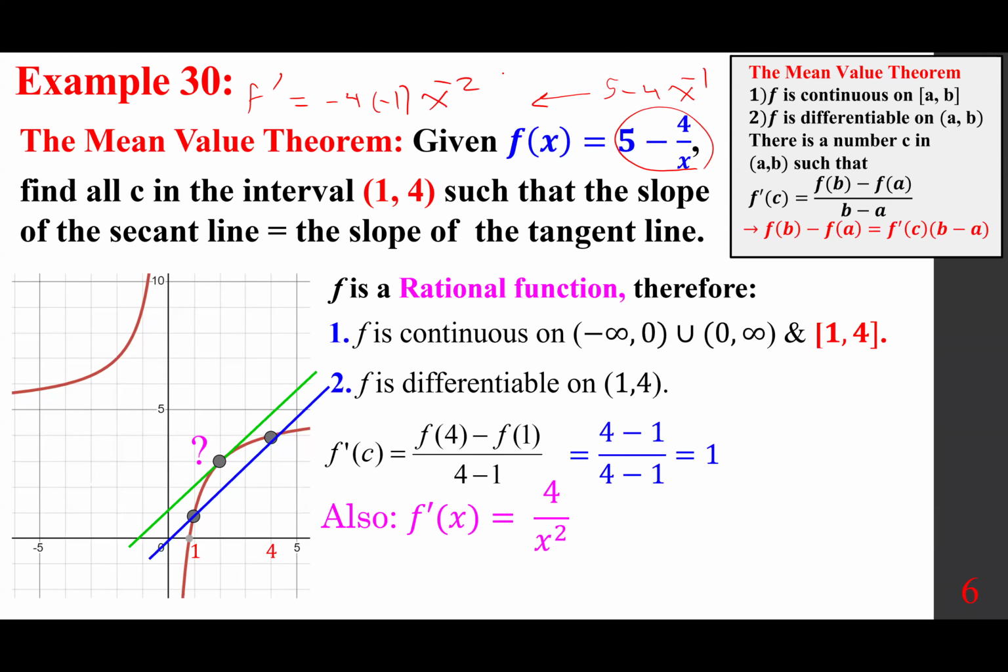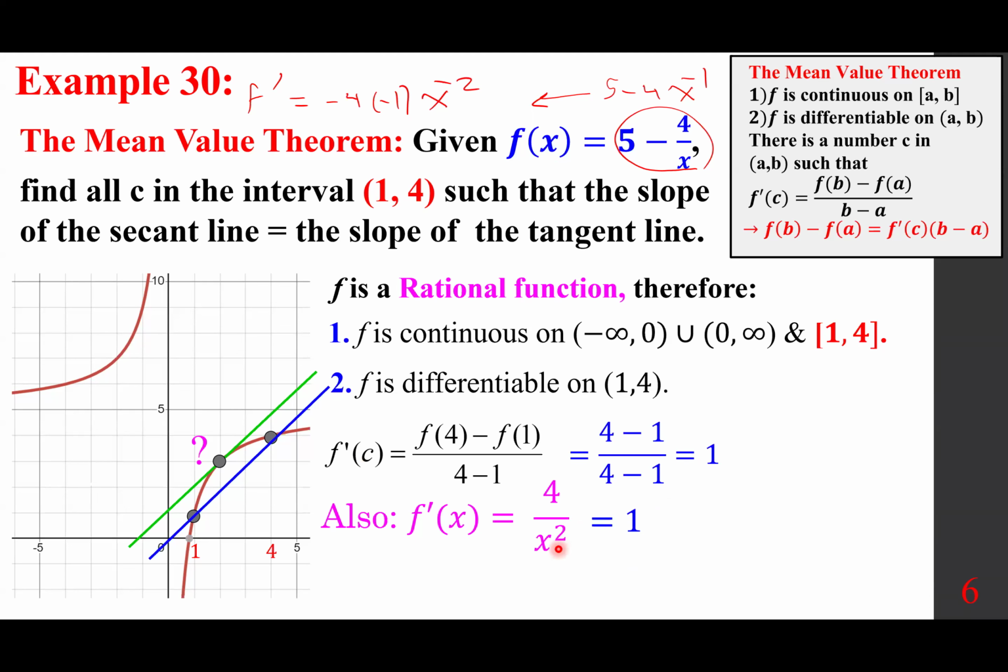Okay. So we are looking for some point such that the derivative 4/x² equals f prime of c, which equals 1. So set this equal to 1 and solve it.